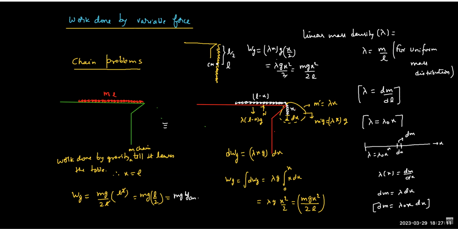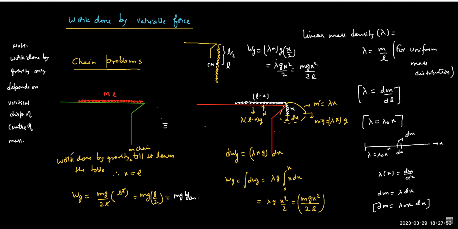We say that h is called the vertical displacement of the center of mass. So you can put a note that work done by gravity only depends on the vertical displacement of the center of mass of the object, right?